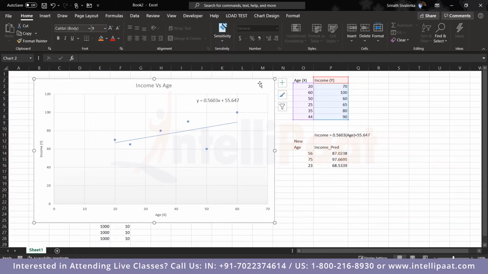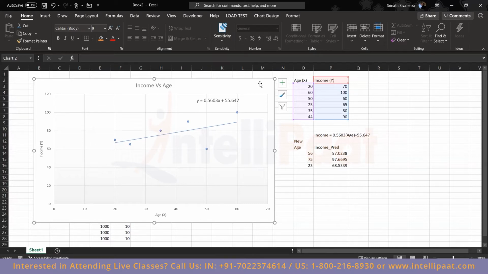There is a big difference between, okay, mathematics has two kinds of concepts. One is called curve fitting, and the other is called regression. Curve fitting is a process of trying to find a curve that connects all the data points, a complex mathematical equation which connects all the data points.